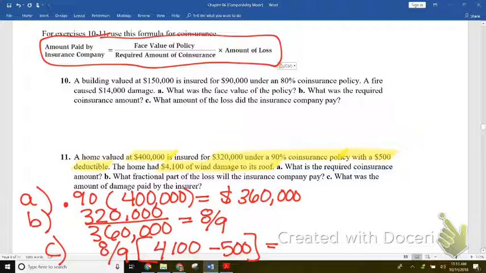That works out to $3,200. So with the deductible and with the co-insurance, the damage would be $4,100 and the insurance company would pay $3,200. The remaining part is what the family pays.